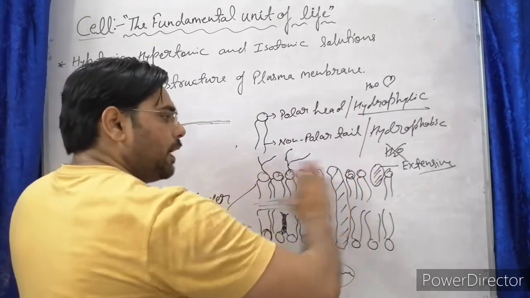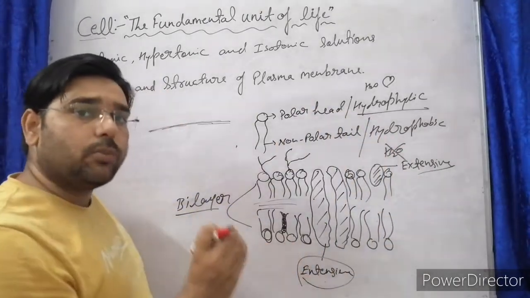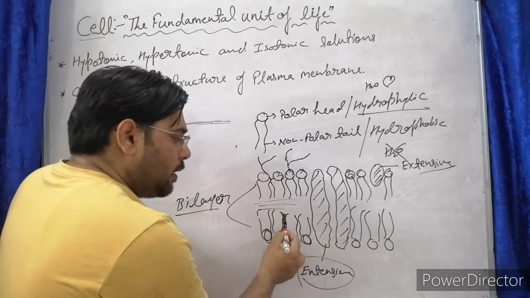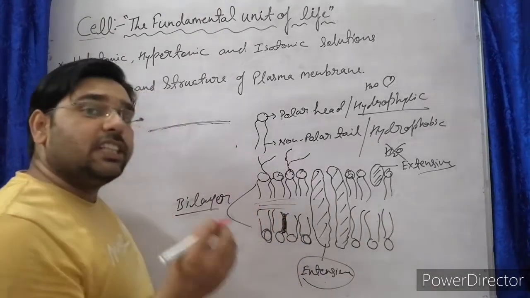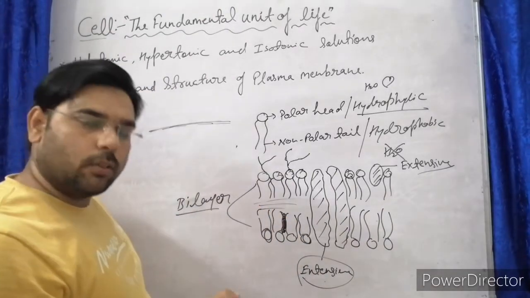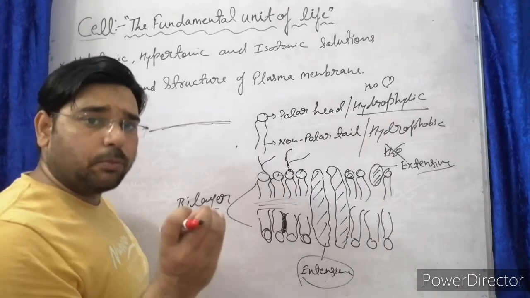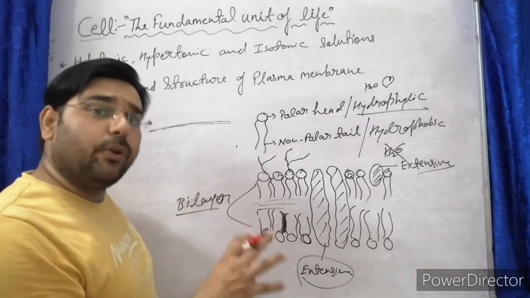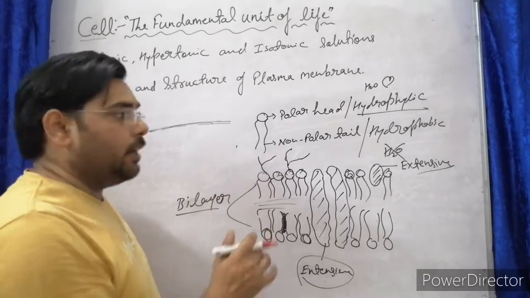Like this, the plasma membrane also flows like a fluid. That is why it is called the fluid mosaic model. And this cholesterol helps in the fluidity and rigidity of the plasma membrane.